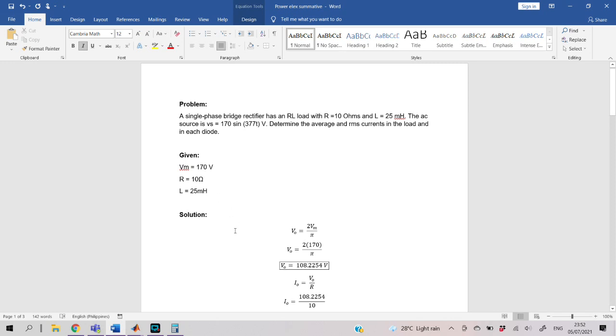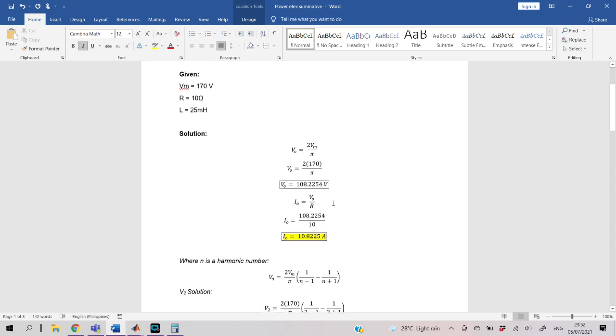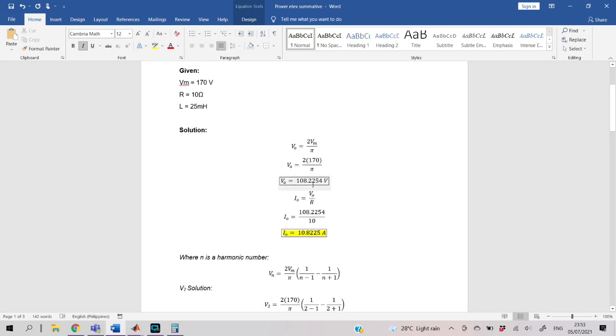To solve this problem, we should determine the output current, or the average current, for the load. For that, we should solve for the average voltage, which is equal to 2 times the peak value over pi. By substituting its values, we get 108.2254 volts.